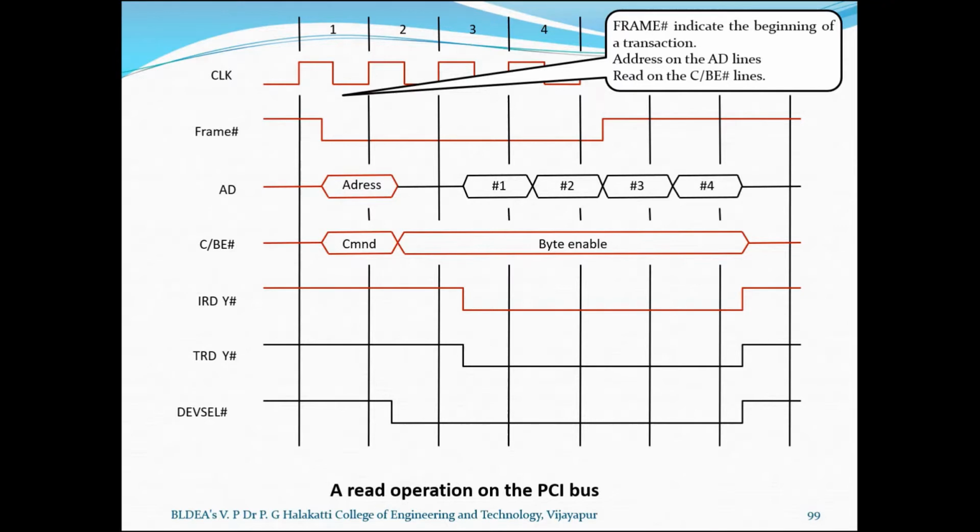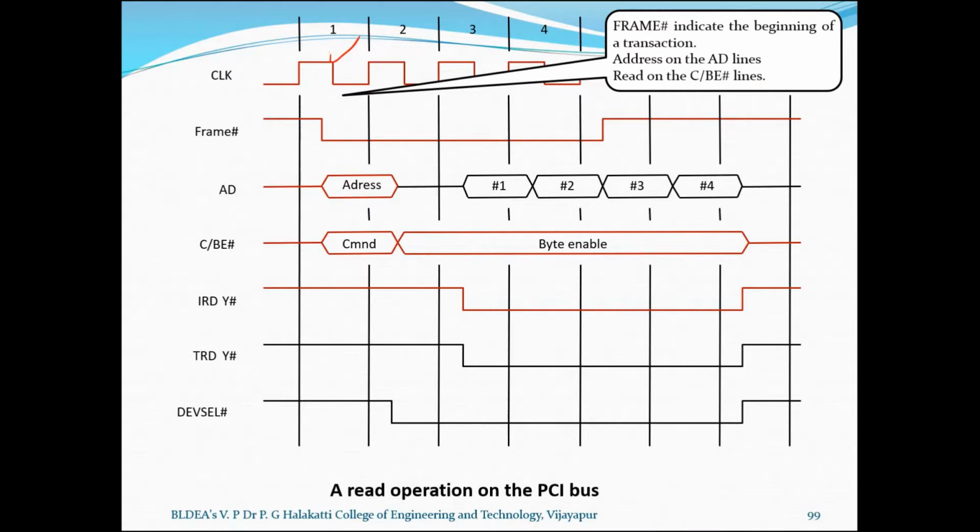In clock cycle 1, that is the first clock cycle, the processor asserts FRAME# which indicates the beginning of a transaction, and an address on the address lines, and a command on the C/BE# lines.